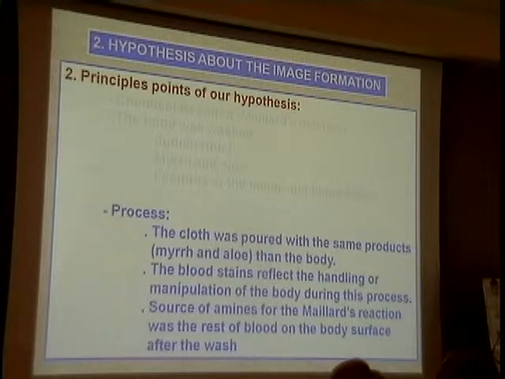As for the source of the amines for the Maillard reactions, unlike what Rogers said, we don't think it was the cadaveric gases. We think it was this kind of bloody surface after the washing of the body with myrrh and aloe.